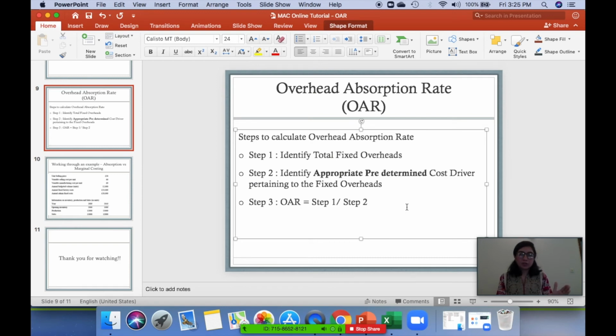Any costing, any accounting course requires you not only to focus on the concepts but to practice. The rule of passing all accounting courses is two things: clarity of concept and a lot of practice.